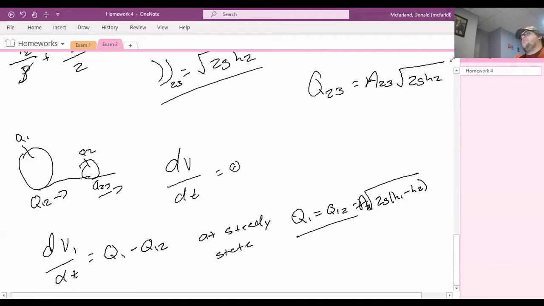And if we just plug in our equation for flow rate from 1 to 2, we get Q1 is equal to the area of pipe 1, 2, multiplied by the square root of 2 times gravity times H1 minus H2.